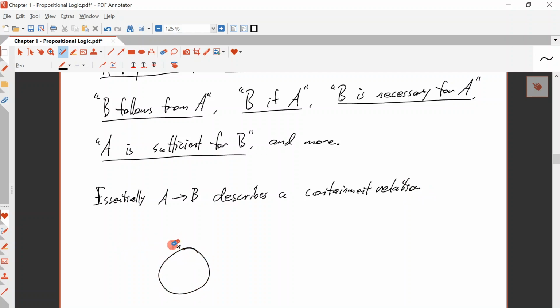This circle represents instances where A is true, and this oval represents instances where B is true.